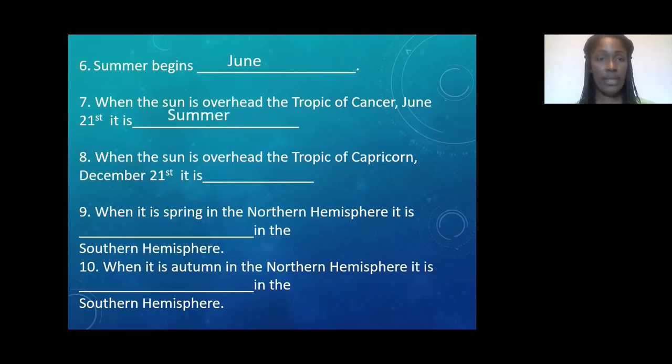When the sun is over the Tropic of Cancer, June 21st, it is summer. Number 8, when the sun is over the Tropic of Capricorn, December 21st, it is winter.